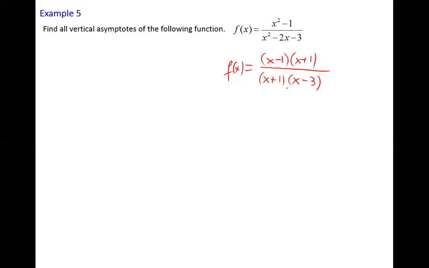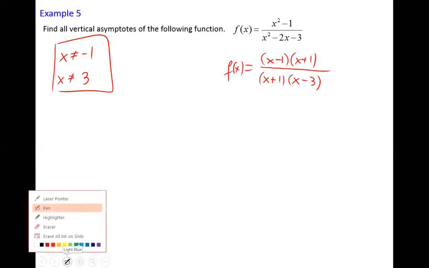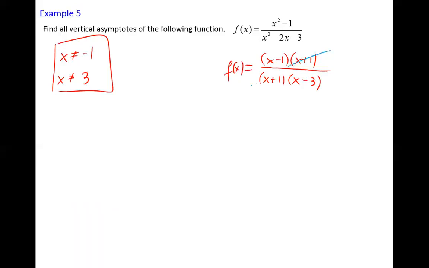Okay, that means what I see, first of all, I see that x negative 1 and x positive 3 is not in the domain. But we just learned that we can't assume that both of the numbers will give me a vertical asymptote. I can simplify. I am simplifying this way, and my reduced form looks like x minus 1 over x minus 3.